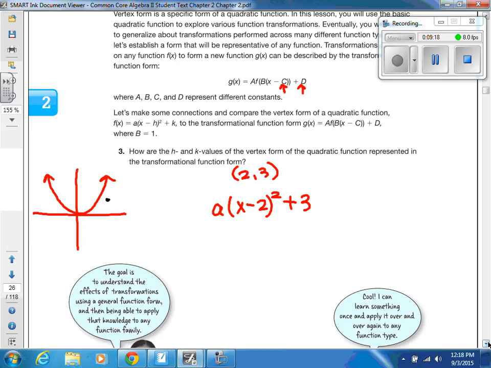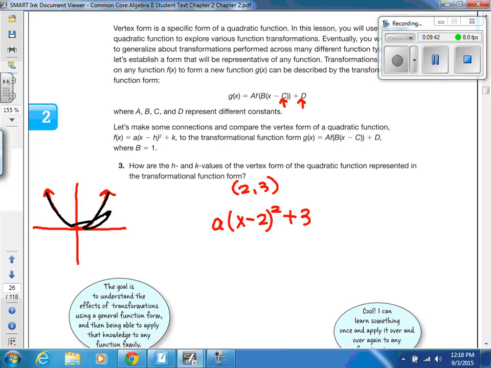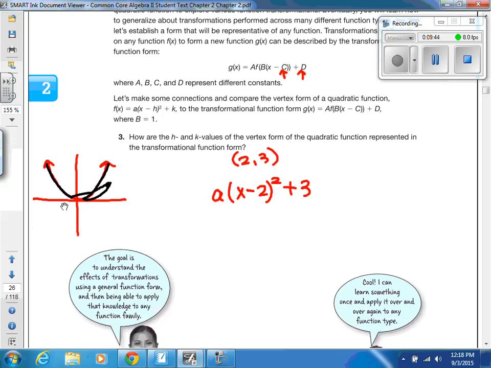If I just move the vertex to 2, 3, but all the other points stay the same, how is that even going to be possible? That can't happen, right? Everything moves over 2 and up 3 on the whole graph. The whole graph will move over 2 and up 3.